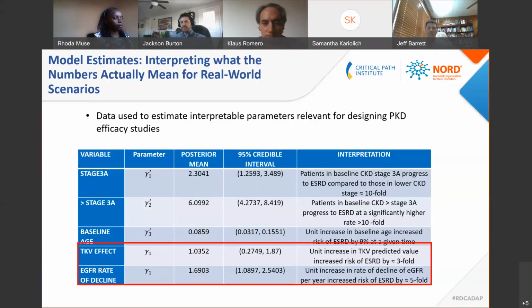Related to that, and maybe this is a question of the broader group, does the model that provided the evidence for the qualification and designation of TKV as a reasonably likely surrogate originally include EGFR?